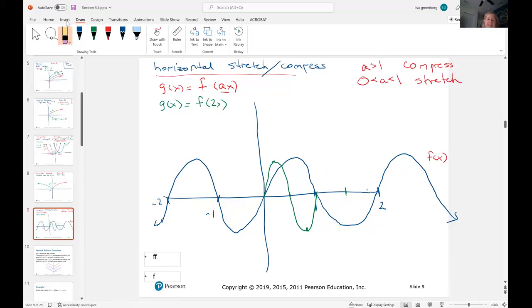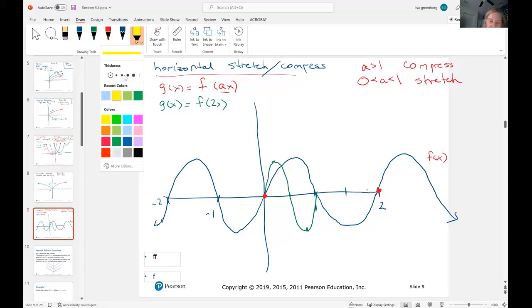So what we did now is notice from here to here, I went up, down, and back. And then I started it again, right? So we're just talking about this part of the graph.